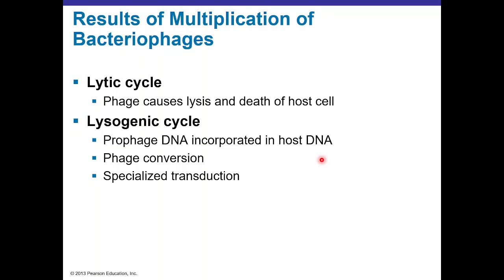Through this, they can either activate certain genes that can cause cancer, or live in these cells for a long period of time without killing the cell. So in the lysogenic cycle the virus doesn't kill the cell, but it can go into the lytic cycle if it opts to do so, and then it will kill the cell. Sometimes in the lysogenic cycle you can have phage conversion or specialized transduction.